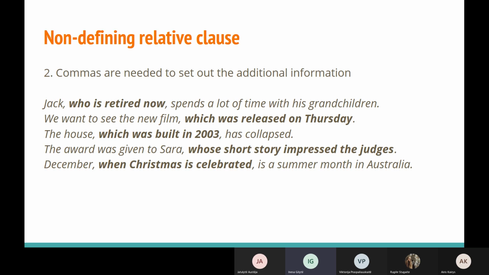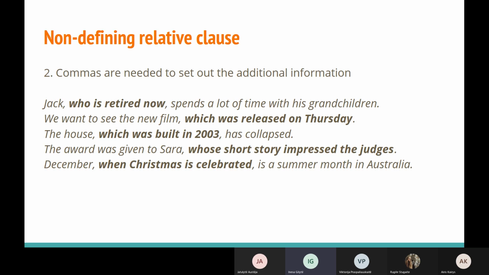Then we can see that a non-defining relative clause might also be used at the end of a sentence. We want to see the new film, which was released on Thursday. As you can see again, we want to see the new film is a perfect sentence that makes sense on its own. In addition, adverbs were also given as a possible starter of a non-defining relative clause.